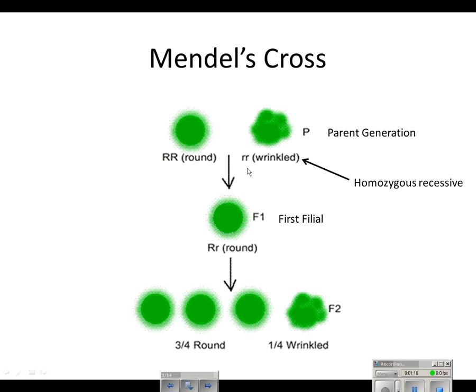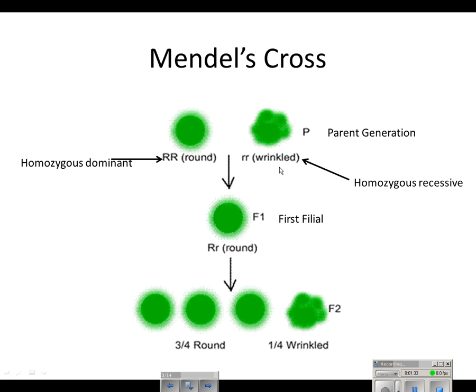And you see we represent these by using the lowercase letters. And then he also crossed it with the round seed, and this was a purebred, a homozygous dominant, so this is also purebred because the alleles are the same. So homozygous dominant, we see two capital alleles, and we'd get one allele from mom, one allele from dad.